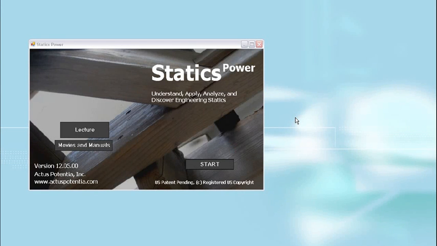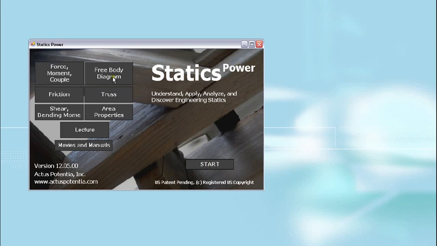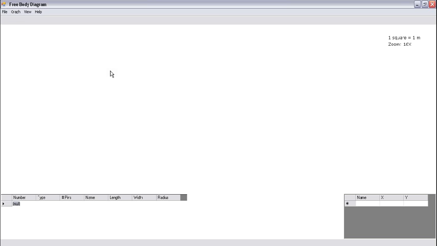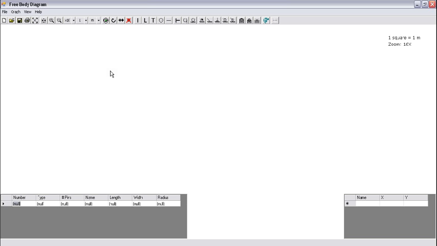In this video, we will examine the free body diagram and equilibrium of pin joints by using the free body diagram module in the Statics Power software from Actus Potentia. We will see that in some situations, the equilibrium of pin joints leads to the statement of Newton's third law, that action equals opposite reaction.